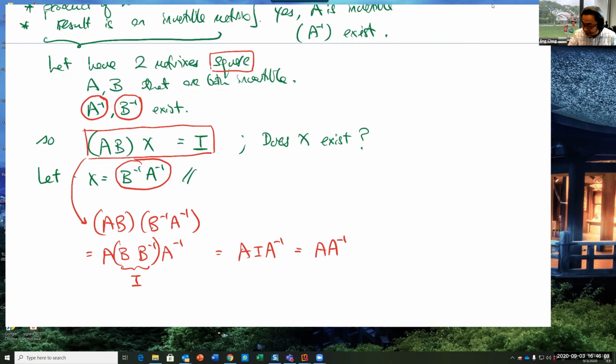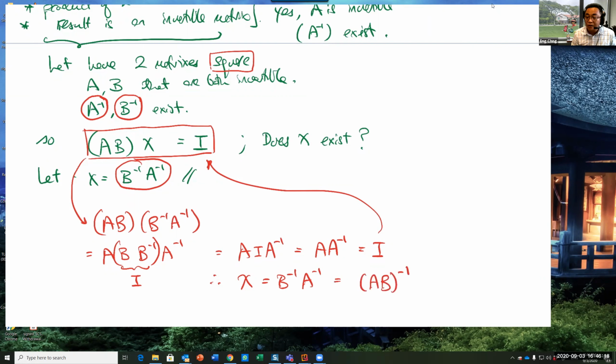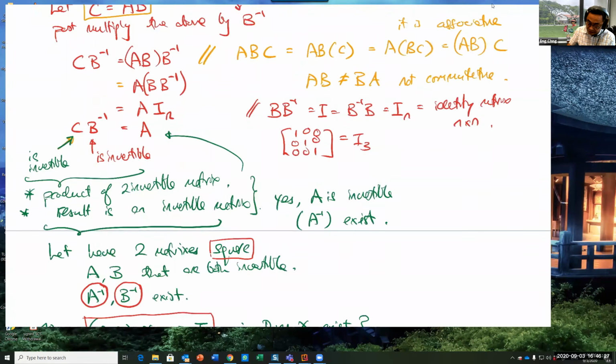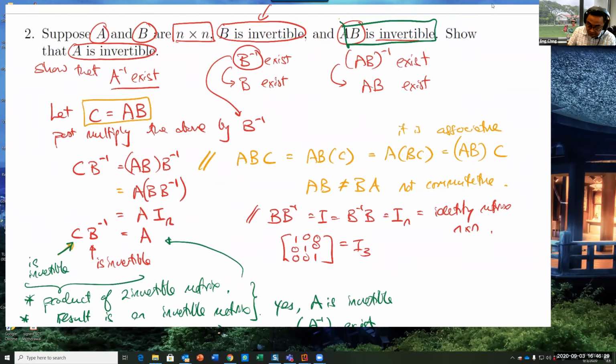Again, A times A minus 1 is I. Okay. So therefore, X equals B minus 1, A minus 1 is the inverse of AB, and we've shown that when each of the matrices is invertible, their product is also invertible. Therefore, this is shown. Okay, so are you all right with question 2?